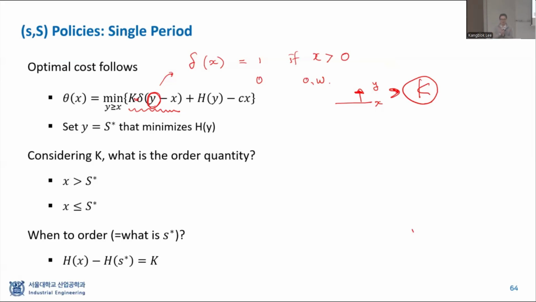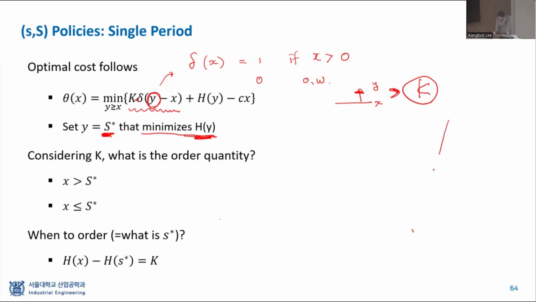So it looks like quite a simple modification, and you may hope that probably the same structure would work. But actually the impact of such K is quite high. So your y is S star that minimizes h. We also assume the same S star that minimizes my h, so our h would be the same.